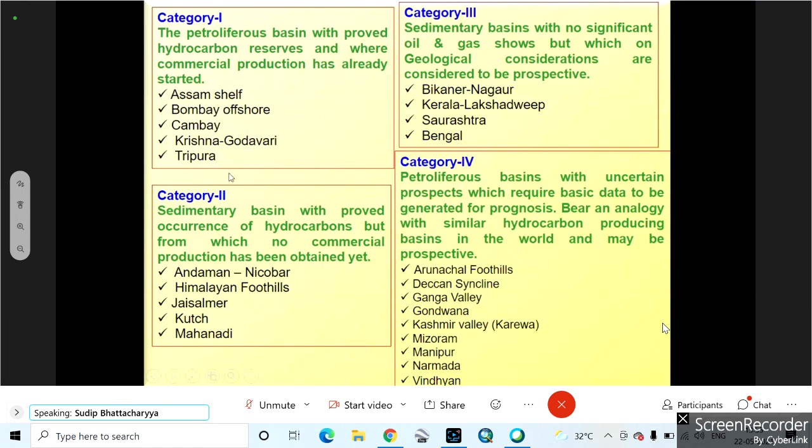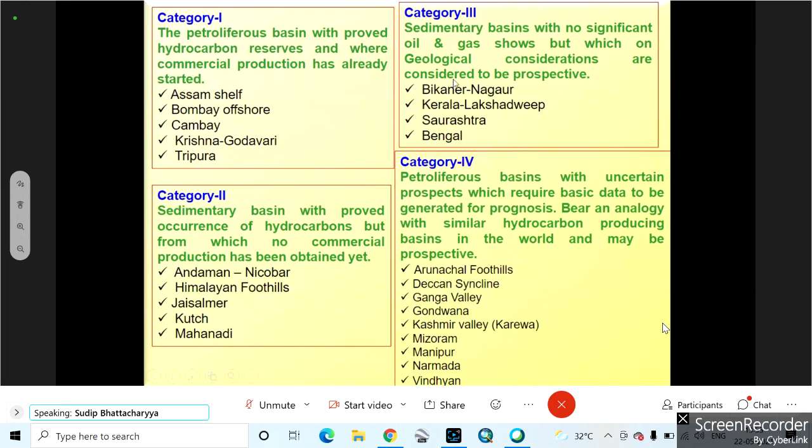Category 1 is the highest confidence level. Category 2, second confidence level, is the sedimentary basin where occurrence of hydrocarbon is proved, but no commercial production has yet been started.